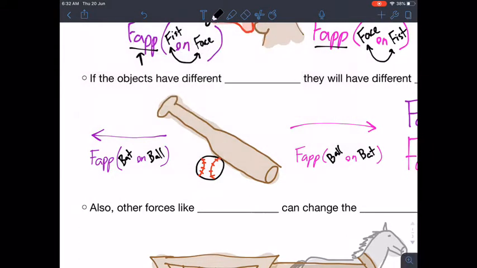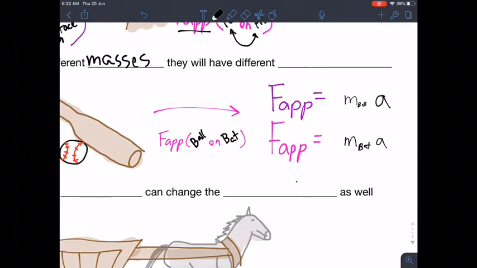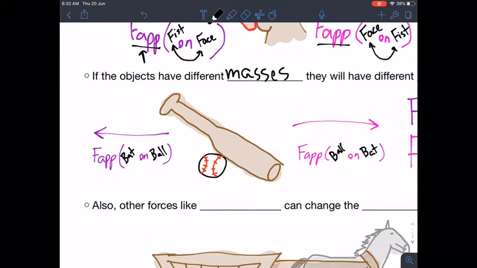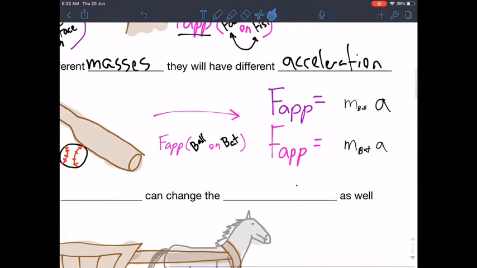these two objects have different masses. And since they have different masses, they will have different accelerations, especially when we consider the fact that this bat is being held by a person, and that in many ways that person's mass is also connected to the acceleration of the bat.